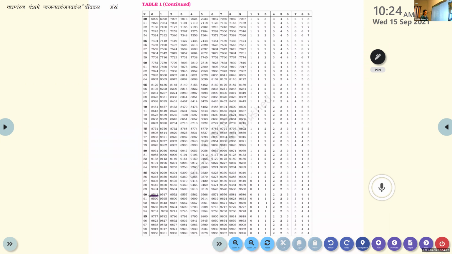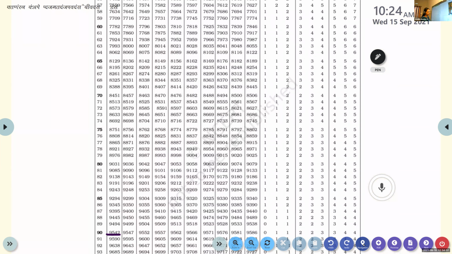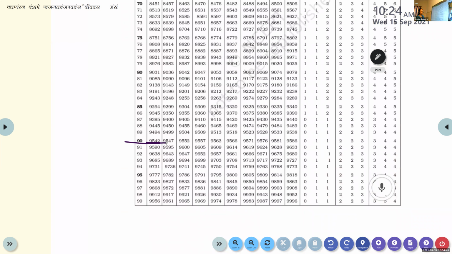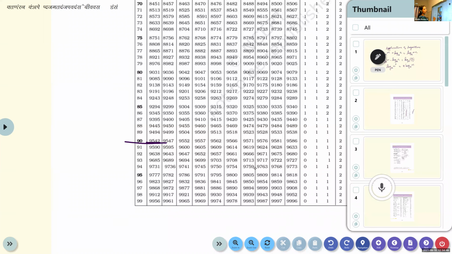Is it 9542? From the log table, is it clear, children? For 900, it is 9542. So you can substitute it there.